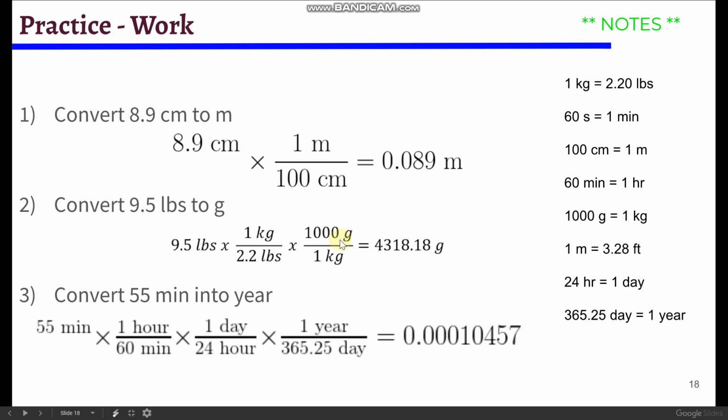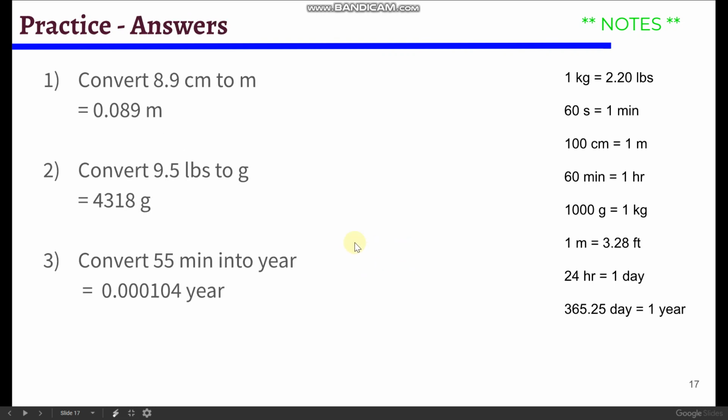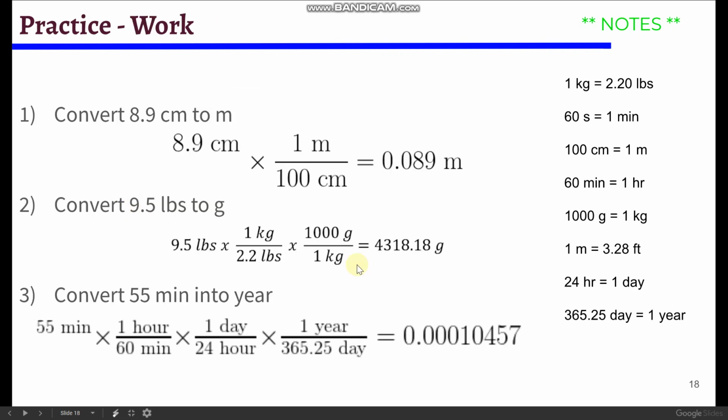And so when we multiply this, it should be 9.5 times 1 times 1,000, divided by 2.2 divided by 1. And that will leave us with 4,318.18 grams. I rounded it to 4,318 on the previous slide. So 4,318 is fine. Don't worry about the decimal.